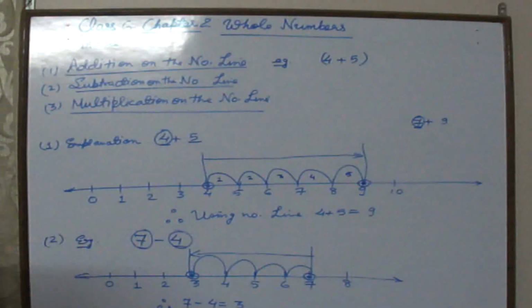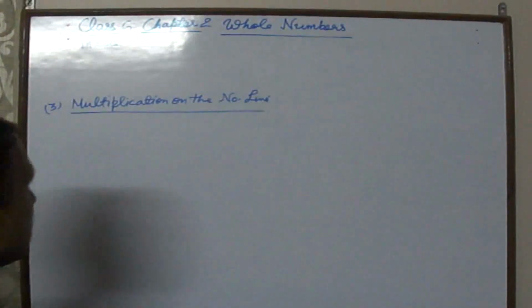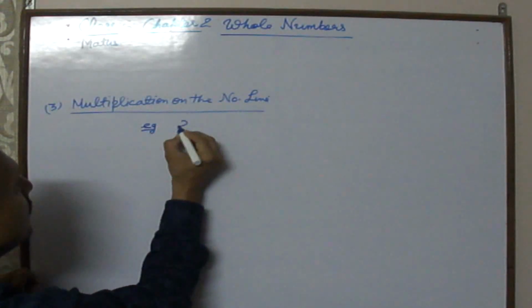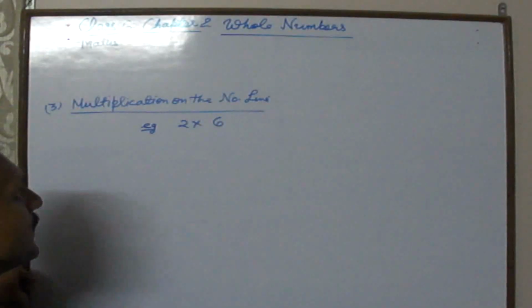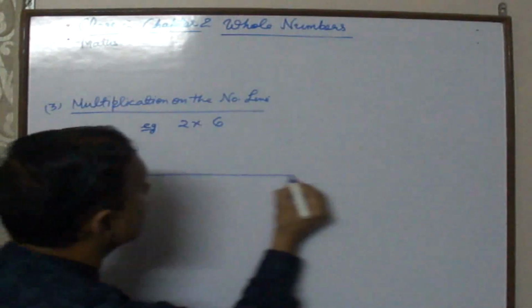Now the next one we'll study is multiplication on the number line. So let us start multiplication on the number line. Let us take an example: 2 multiplied by 6. We have to multiply 2 with 6. So again we have to make a number line as usual.